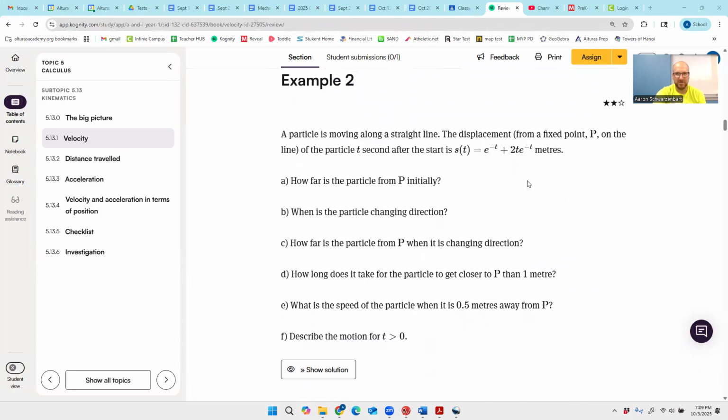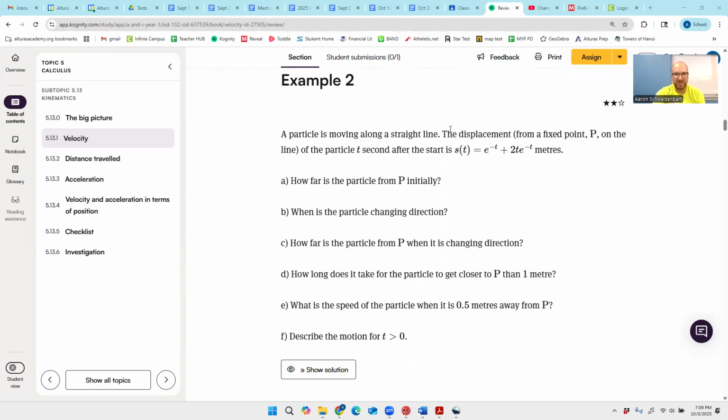So now we have a particle moving in a straight line from fixed point P, with displacement s of t equals e to the negative t plus 2t e to the negative t meters. How far is the particle from P initially?